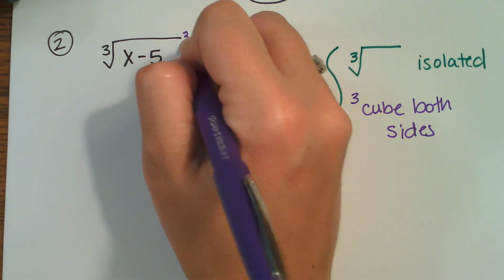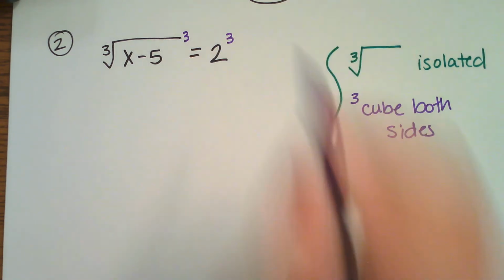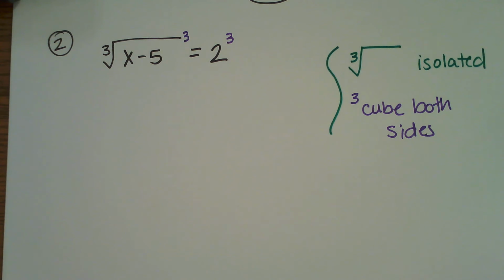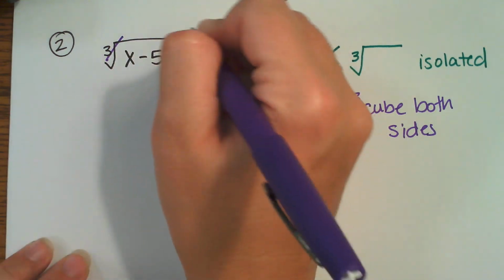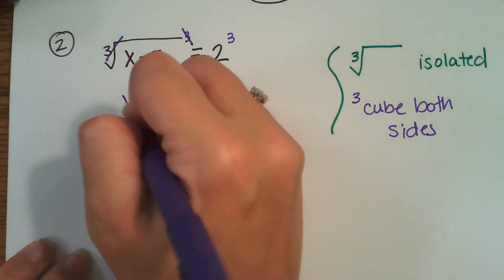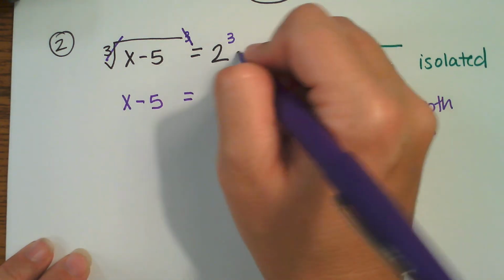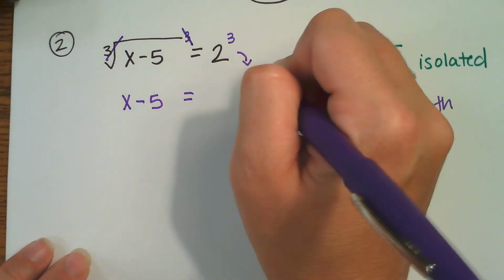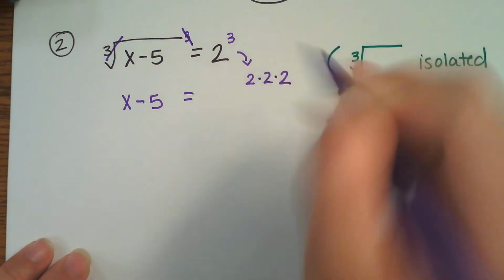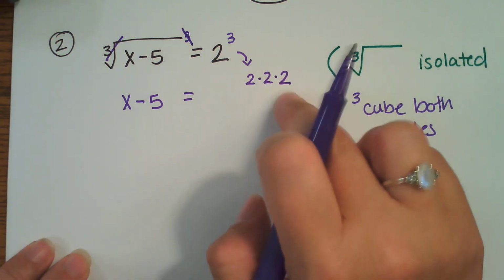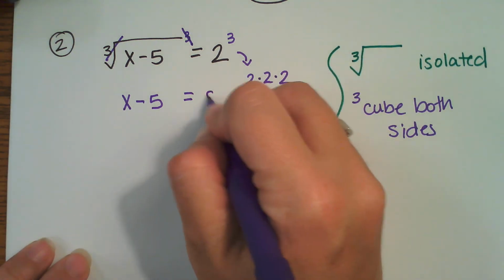So I'll use a little 3 right here, and a little 3 right there. The cubing on this side cancels the root, giving me x minus 5. On this side, this is not going to be 6. This is 2 times 2 times 2. Well, 2 times 2 is 4, times 2 more is actually 8.